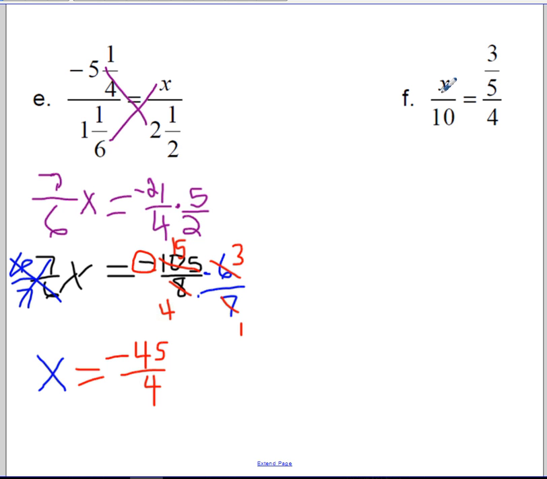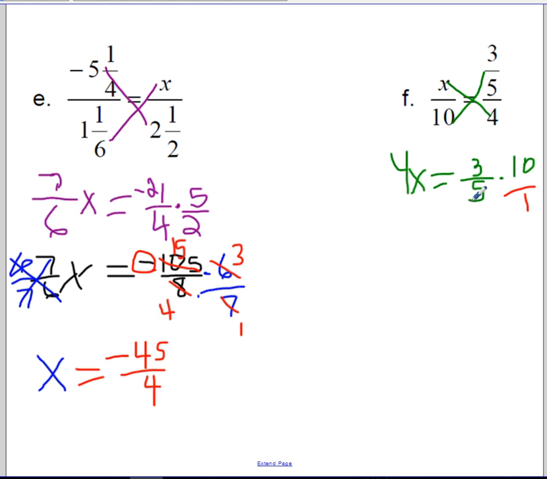Our next question, we have x over 10 is equal to 3/5 over 4. So cross multiplying, we get 4 times x is equal to 3/5 times 10. And let's put that 10 over 1 so we can see it as a fraction.